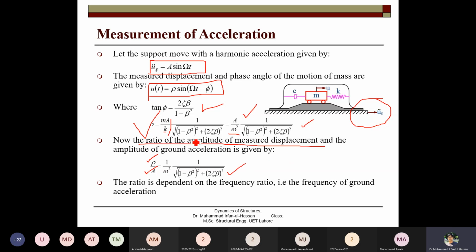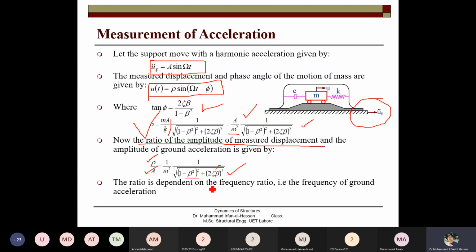Now this is the relationship that will be used to compute the transmissibility, and the ratio is dependent upon the frequency ratio. We have to set what the frequency ratio of our ground is, and what the frequency of our mass spring system is. We know the damping value, and you can compute this ratio, and similarly you can compute the rho amplitude, and if you know the peak acceleration, you can compute the total amplitude of the spring mass system.